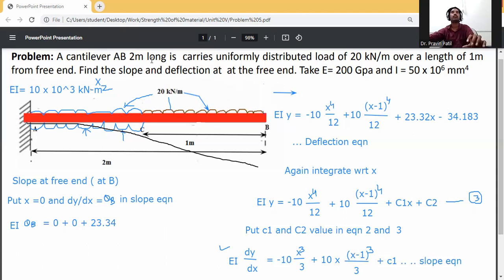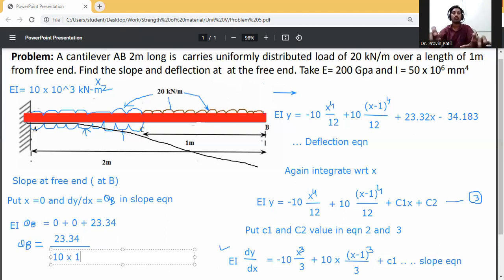So theta B is equal to 23.34 divided by EI. EI value is 10 into 10 raised to power 3.